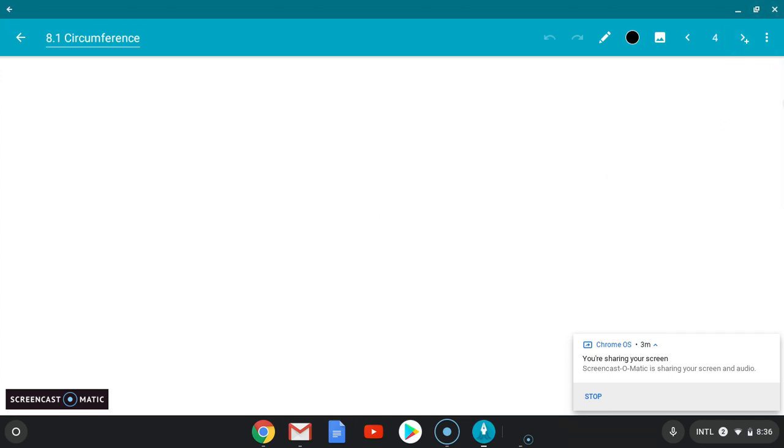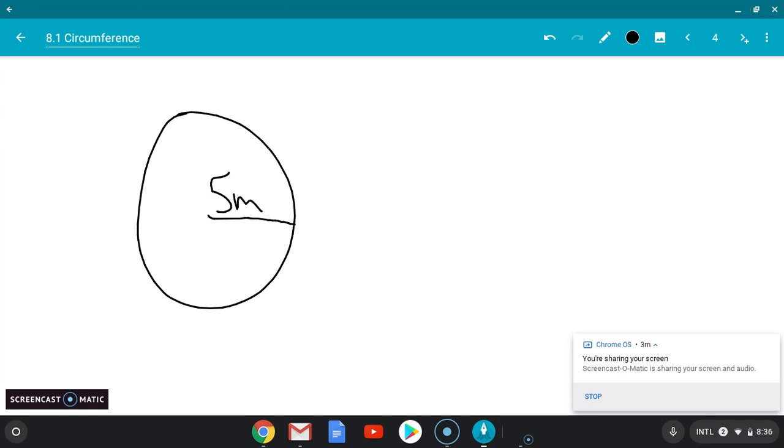All right, so say we have a circle, and it is 5 meters from the middle to the outside. So it has a radius of 5 meters. So what formula would I use? Well, I would use the C equals 2 times pi times r.